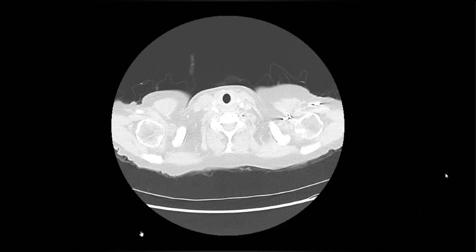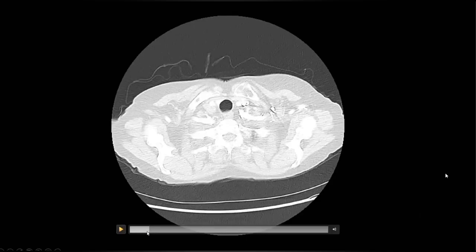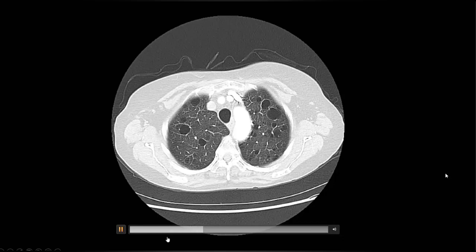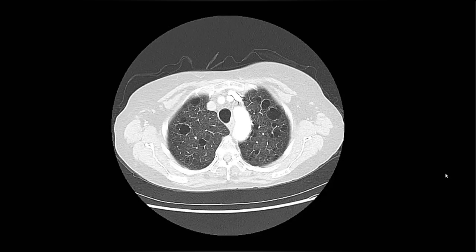Just for the sake of everyone to see, what do you think about the case? Yes, sir. I'm provided with lung window axial CT images. There appear to be fairly well-defined cystic lesions in the lung, of normal size and perceptible walls with no nodularity.